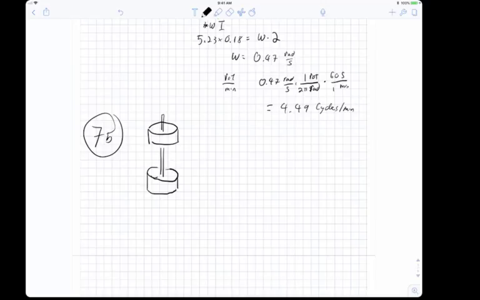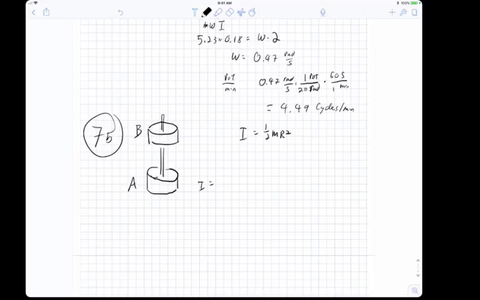Okay, so for a disk, the moment of inertia is 1/2 mr squared. So I'm going to use this. These are disks, disk A and disk B. Disk A is down here. Disk B is up here. The moment of inertia is this.